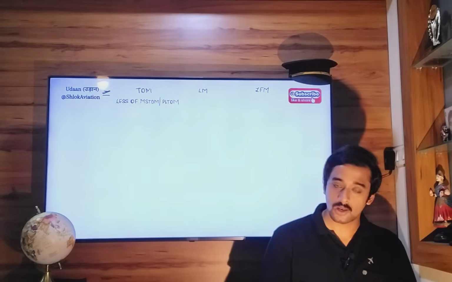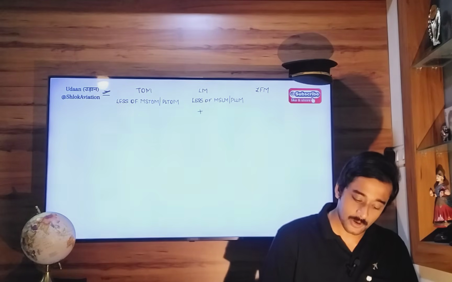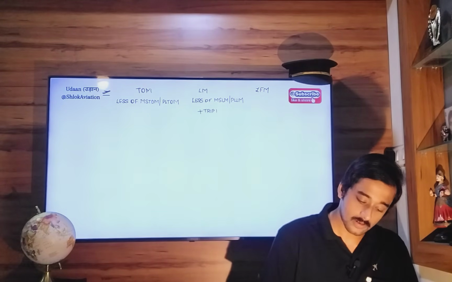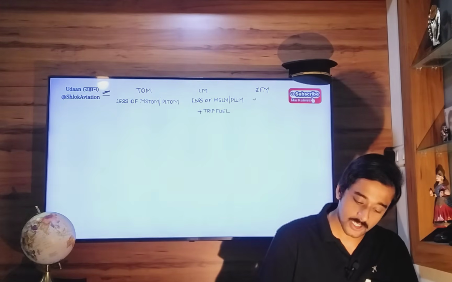In the landing mass column, you are going to write a value which is the lesser of maximum structural landing mass and performance limited landing mass, and to that you are going to add trip fuel. In the zero fuel mass column, you are going to write a value which is zero fuel mass plus fuel on board.